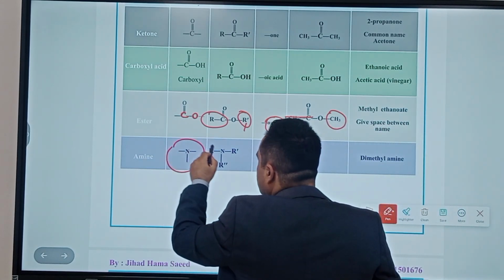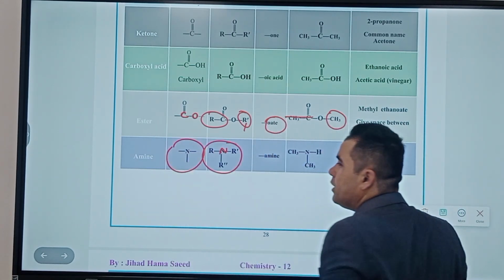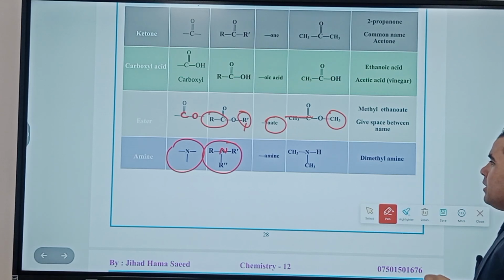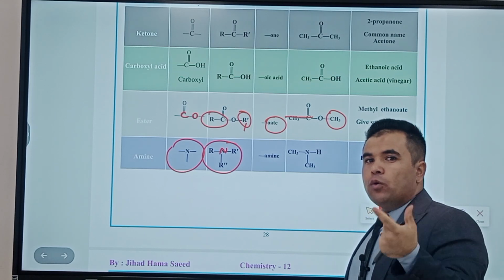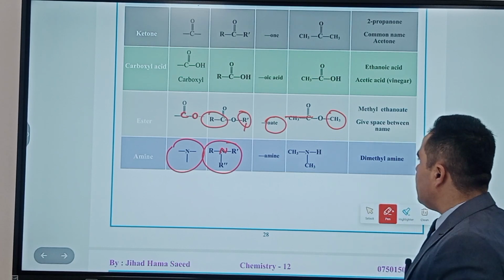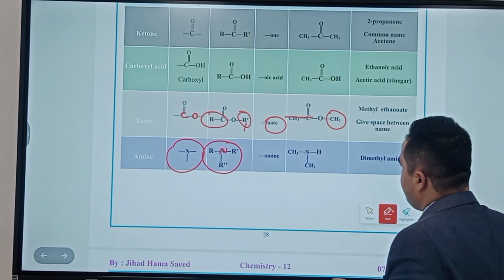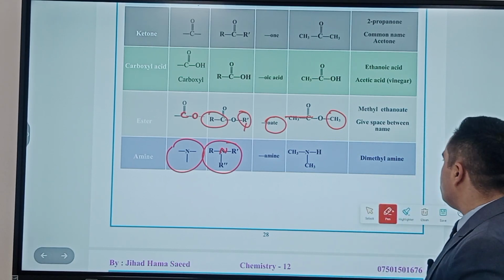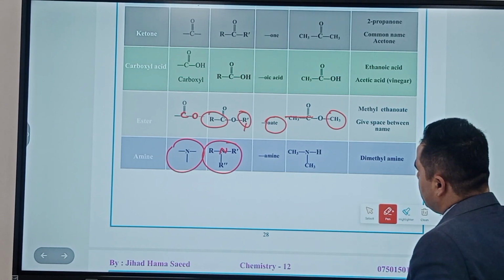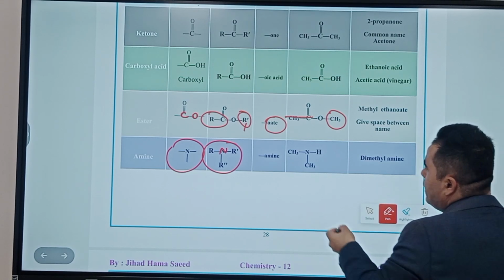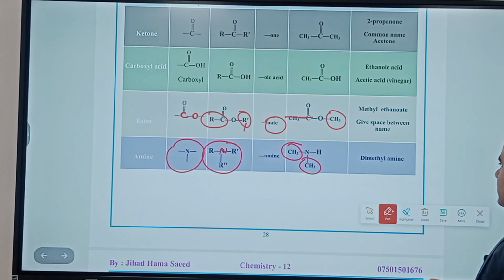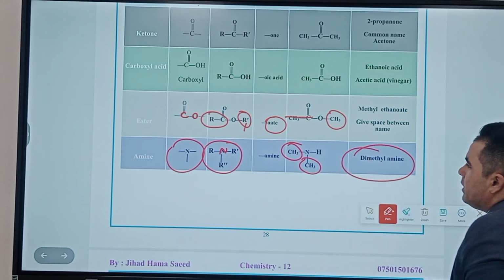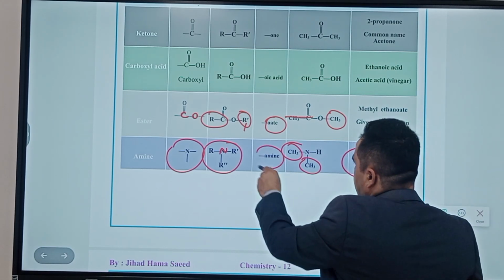Amine, the structure is N attached to three R's. If we have only one alkyl group, we call it primary; two alkyl groups, secondary; and three alkyl groups, tertiary amines. Here we have two groups, which is secondary, and dimethylamine takes the name of the parent.